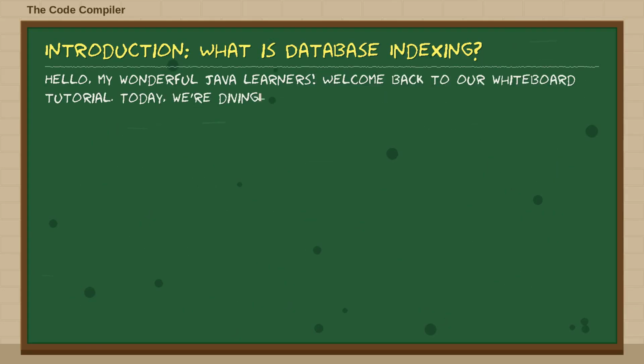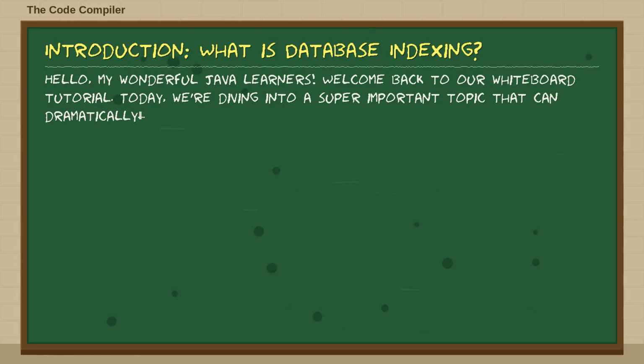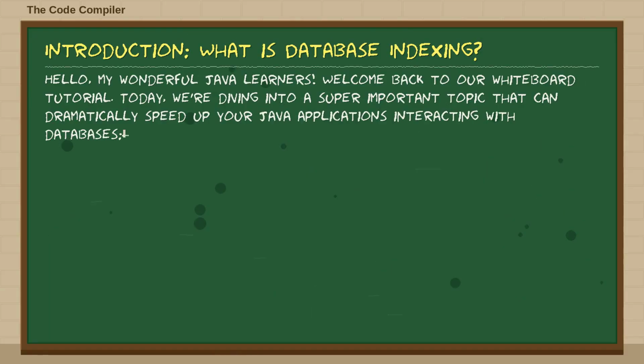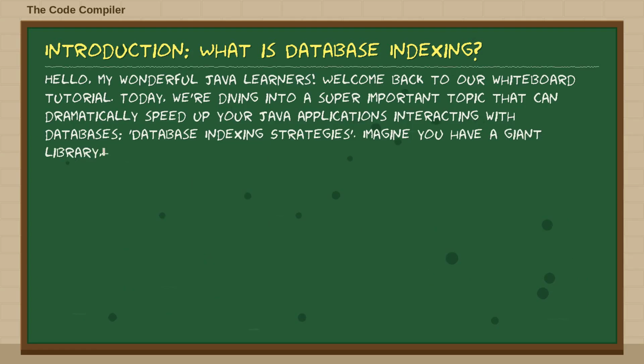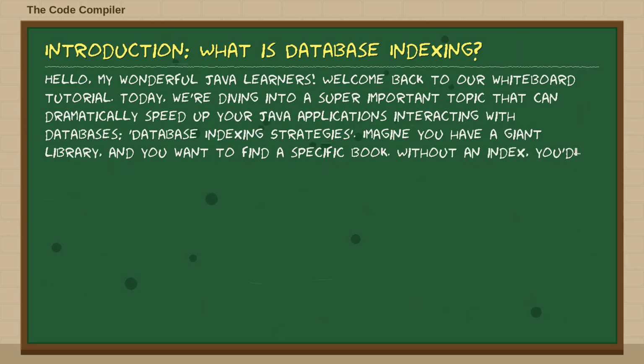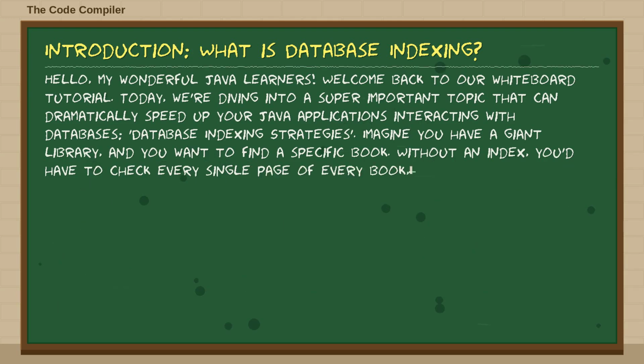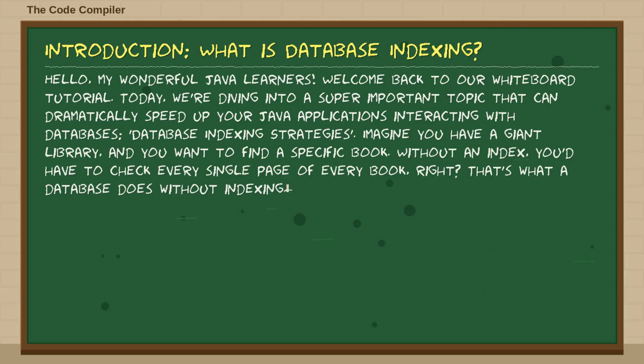Today, we are diving into a super important topic that can dramatically speed up your Java applications interacting with databases, database indexing strategies. Imagine you have a giant library and you want to find a specific book. Without an index, you'd have to check every single page of every book, right? That's what a database does without indexing.